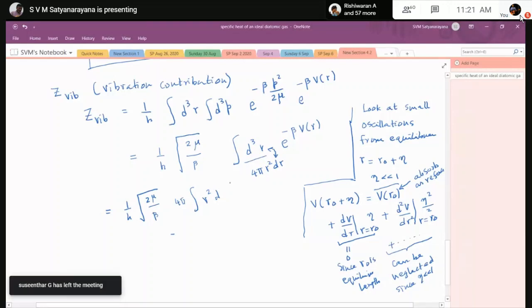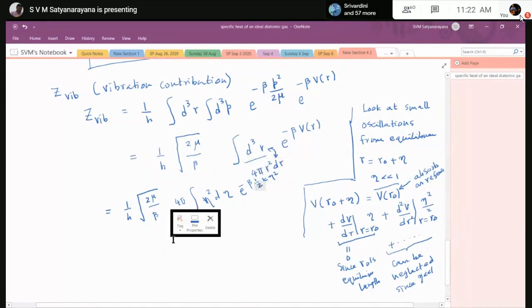So you can choose this eta as your coordinate now. Then you can write this as eta square d eta into e to the minus beta into half k eta square. I think I have written this in a very clumsy way. Let me write it again.